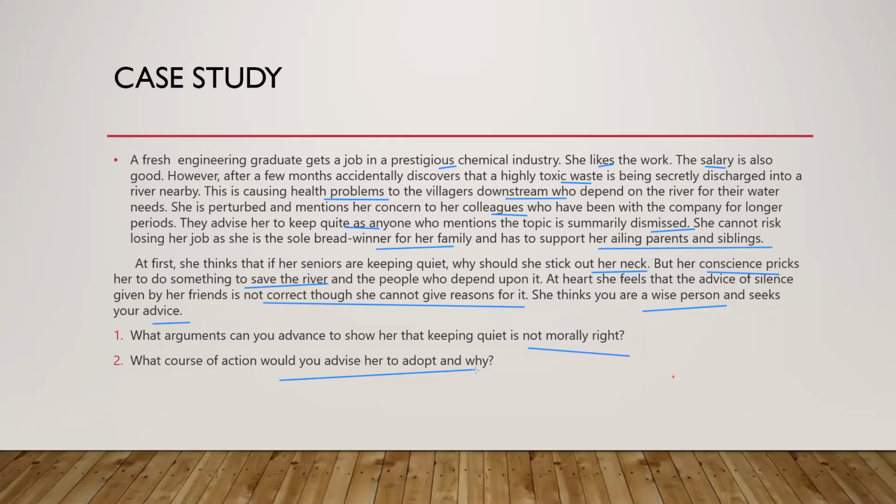I think that question was of 20 marks, if I'm not wrong. So anyone wants to explain to me what you understand by this case study? What is the issue? Anyone wants to try?